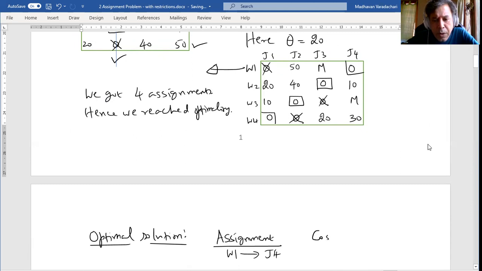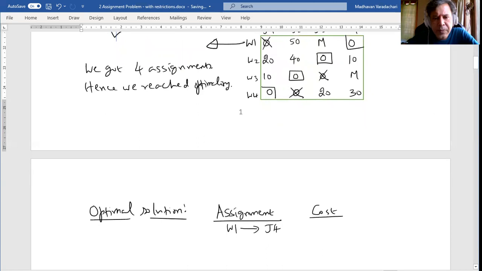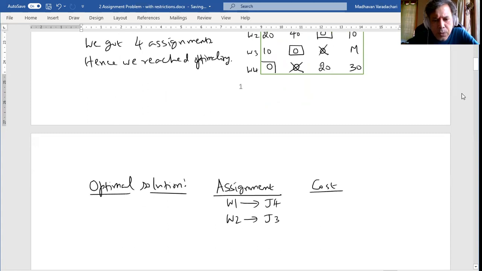What is the cost? We will have to refer to the first matrix, the initial matrix given in the question. We will do that later. Worker 2 is assigned to job 3 because the box is in the third column. Then worker 3 is assigned to job 2 because the box is in the second column. Worker 4 is assigned job 1.